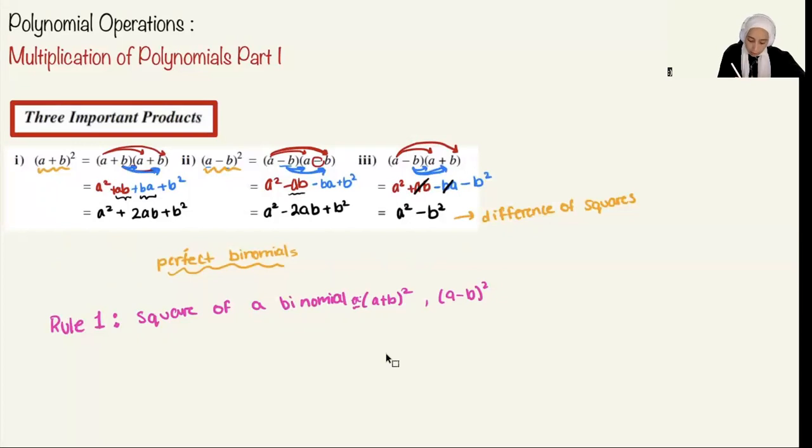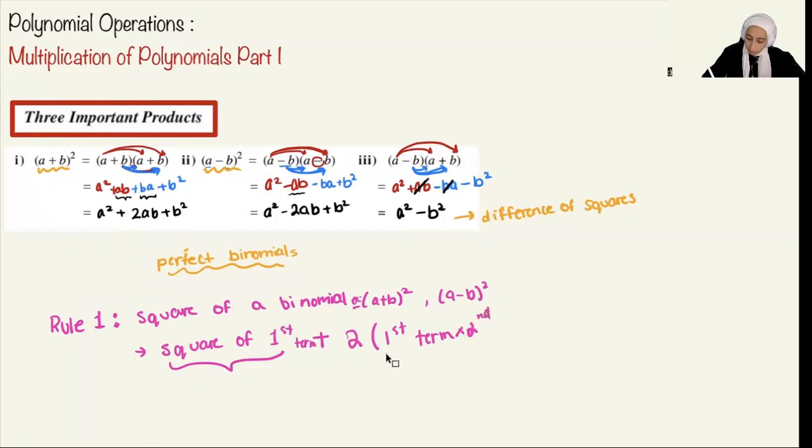We can see that the answer is the square of the first term, plus 2 times the first term multiplied by the second term, and then plus the square of the second term.